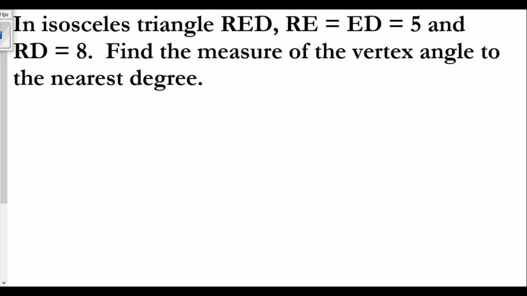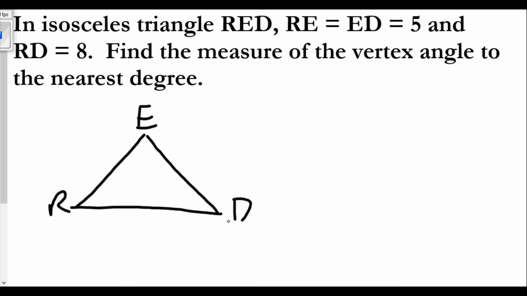Isosceles triangle RED, RE and ED must be the same, and RD is 8. RE and ED both 5, find the measure of the vertex angle to the nearest degree. Well, in this case, RE and ED are the same measure, 5, so E is going to be our vertex angle, the angle opposite the non-congruent side.